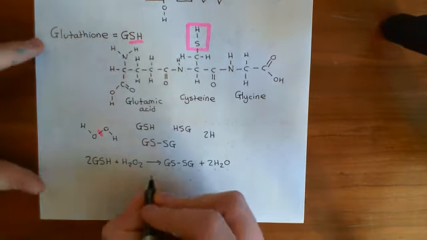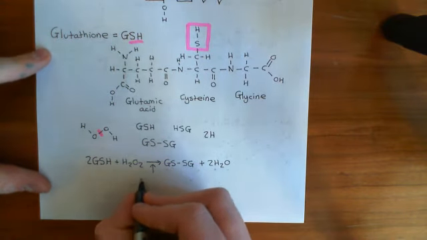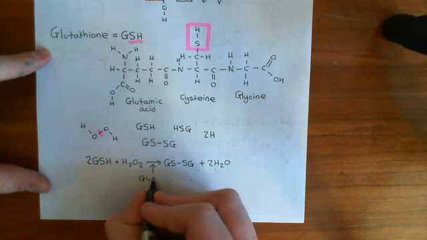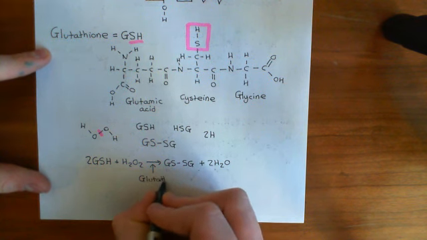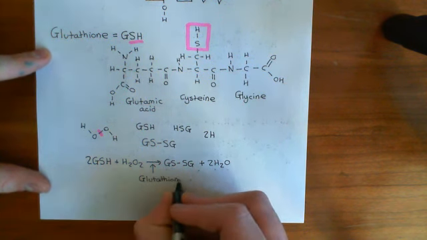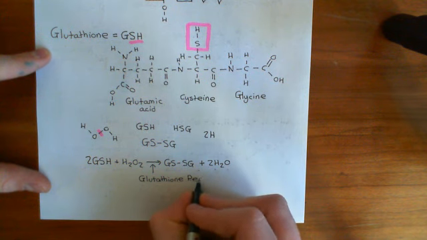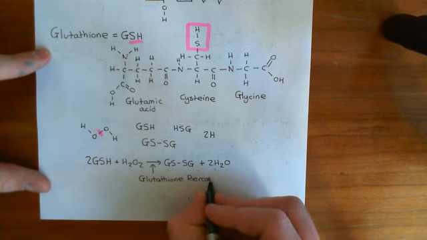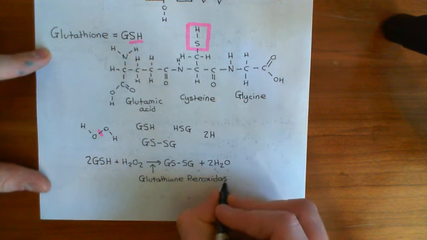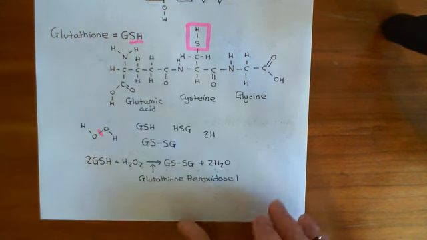And it is this reaction that is catalyzed by glutathione peroxidase enzymes, and specifically by glutathione peroxidase 1. So this is the archetypal reaction that the enzyme glutathione peroxidase 1 would catalyze.